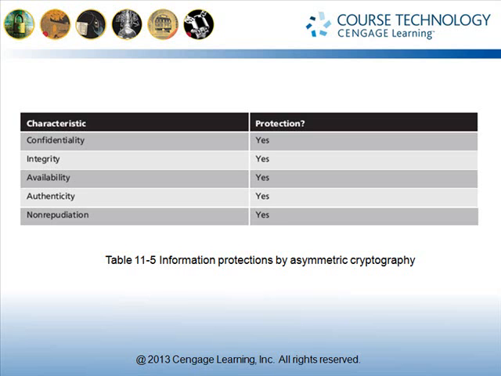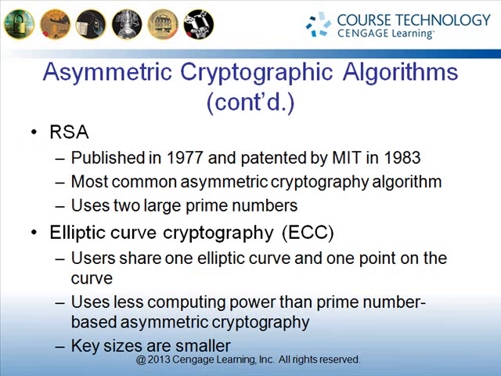Let's look at some of the popular asymmetric cryptographic algorithms. The first is RSA. This was published back in 1977 and actually was patented by MIT in 1983.